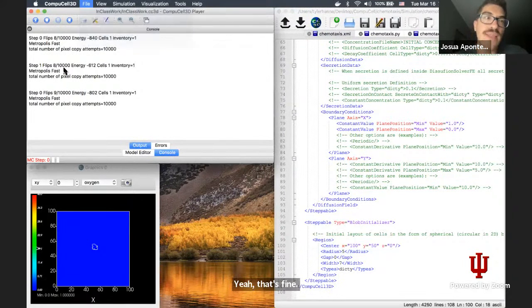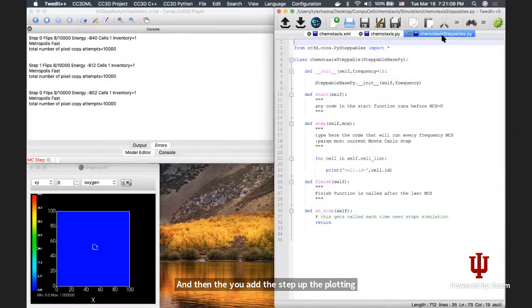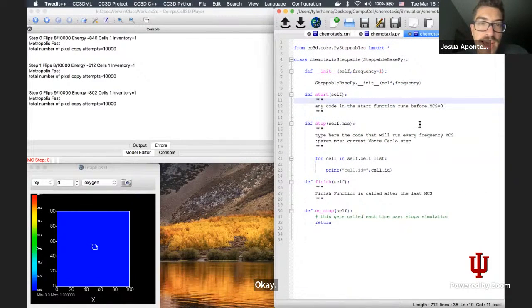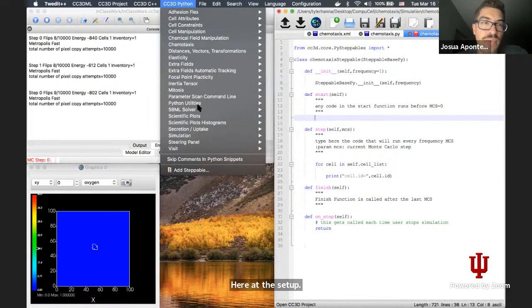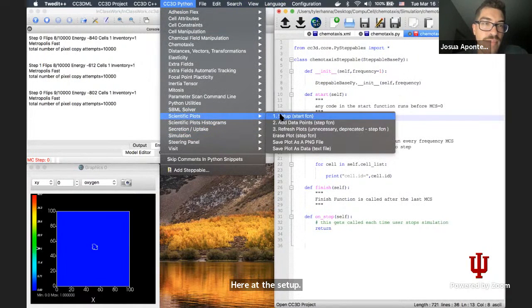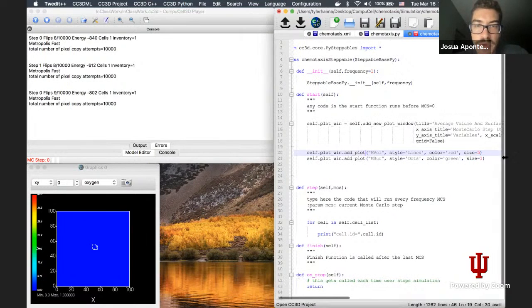And then did you add the plotting? In the steppables? Not yet. Okay. Here, add the setup. Right. Here, yeah.